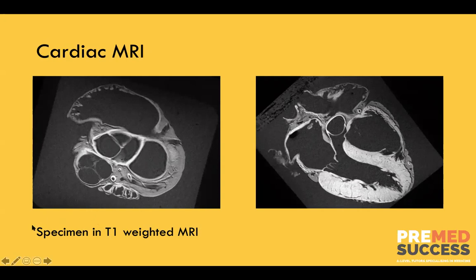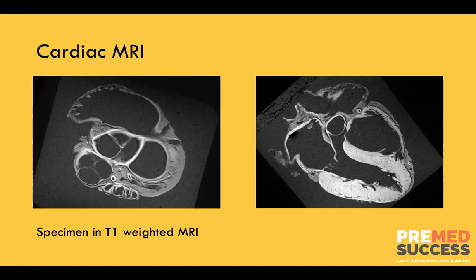So you've seen, I've said specimen in a T1 weighted MRI. Broadly speaking, there are several different types of MRI, but broadly speaking, we have T1 and T2. I won't go into the physics of how an MRI machine works, but your MRI machine is sensitive to different wavelengths of normally microwave.